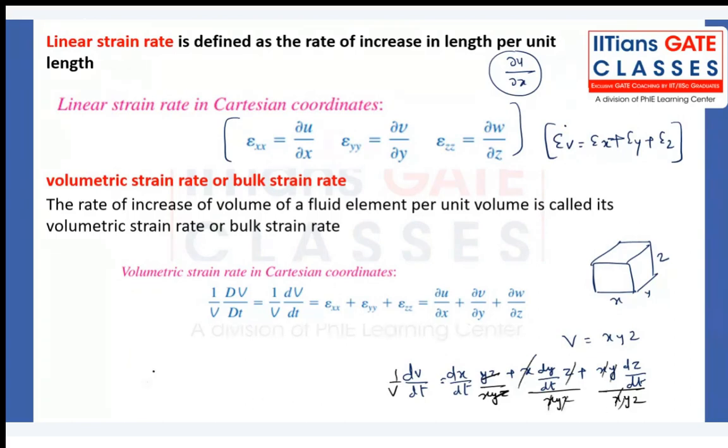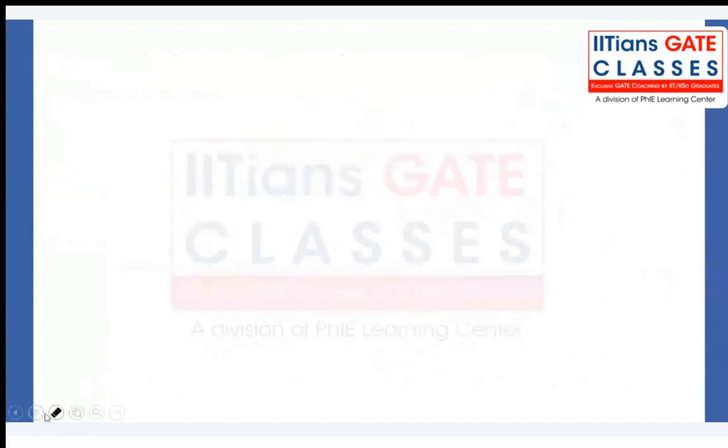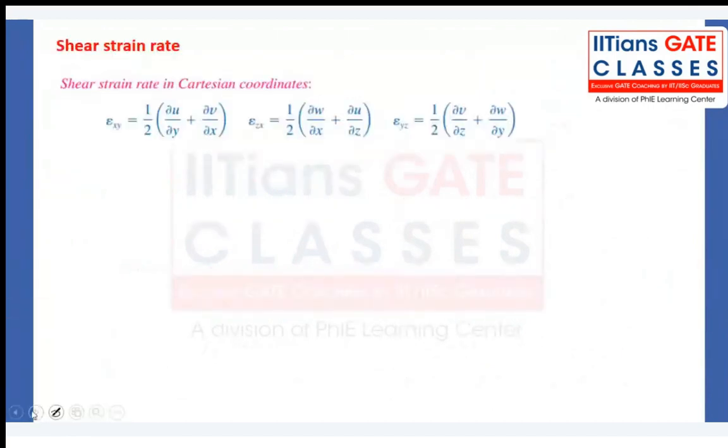So 1 upon v dv by dt, that is nothing but volumetric strain rate, that can be written as dx by dt into x, plus dy by dt into y, plus dz by dt into z.